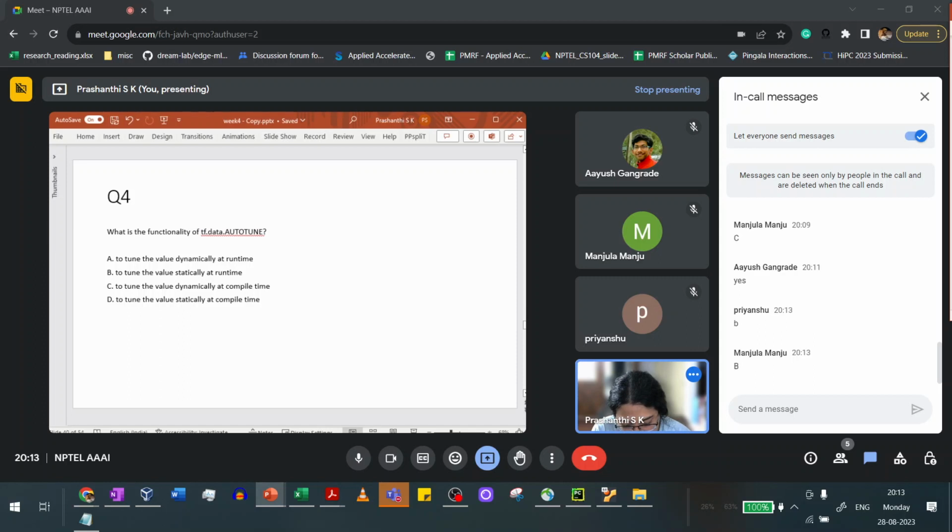Anyone else? B, tune the value statically at runtime.